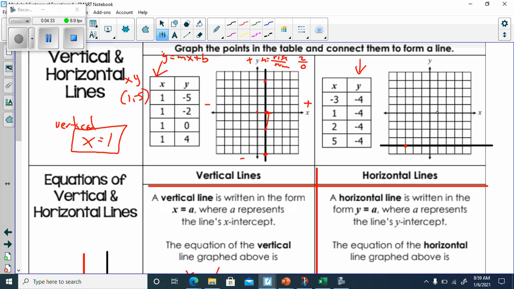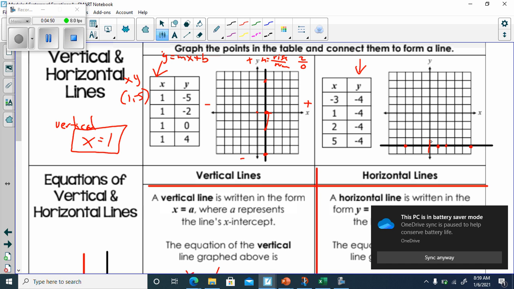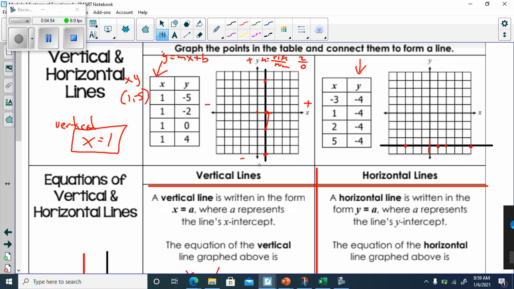And then we've got (1, -4), and then we've got (2, -4), and then we've got (5, -4). All these points are on this line. Well, they cross the y-axis, right? If they cross the y-axis there, then our equation is going to have something to do with the y-axis, correct?